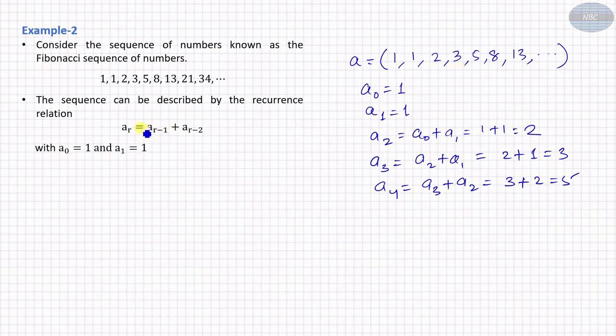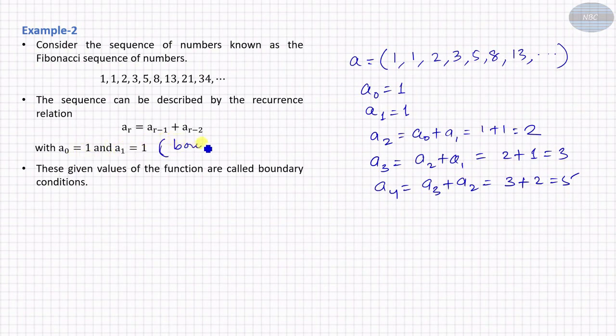So this is the recurrence relation corresponding to this Fibonacci sequence, or we can write it in numeric function form. It is given that a_0 = 1, a_1 = 1. These given values of the function are called the boundary conditions.